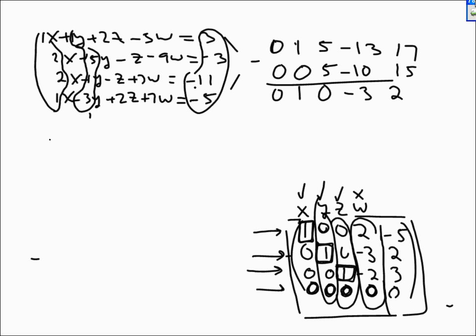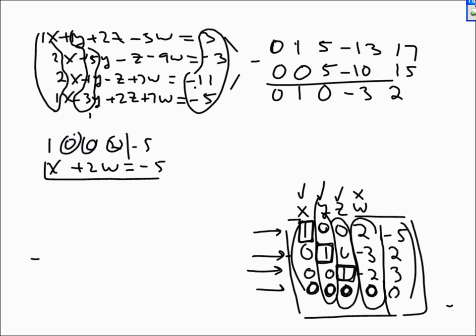The first equation comes from 1, 0, 0, 2, negative 5. This means X plus no Y's plus no Z's, I'm going to stop writing that, plus 2 W's is equal to negative 5. That's one equation.